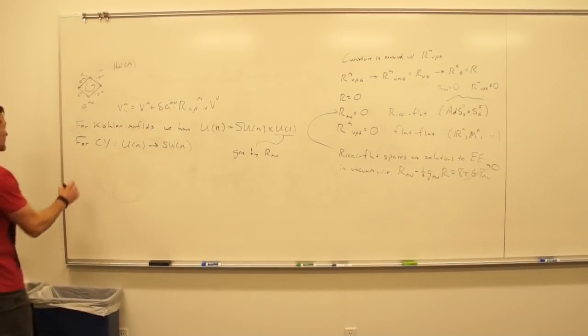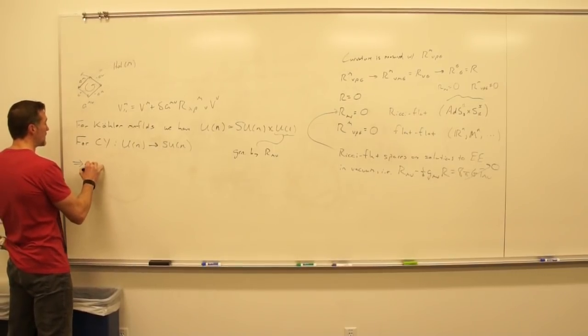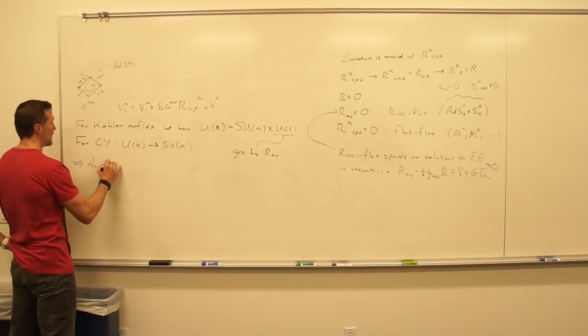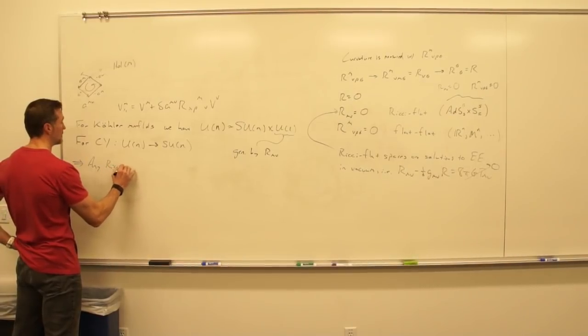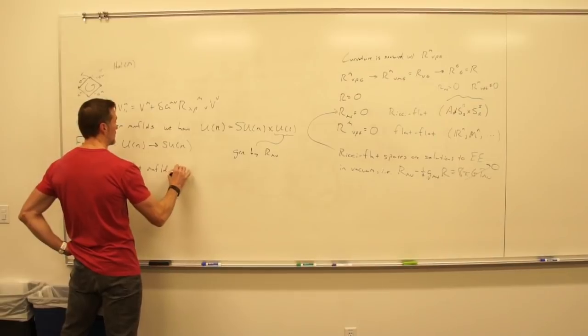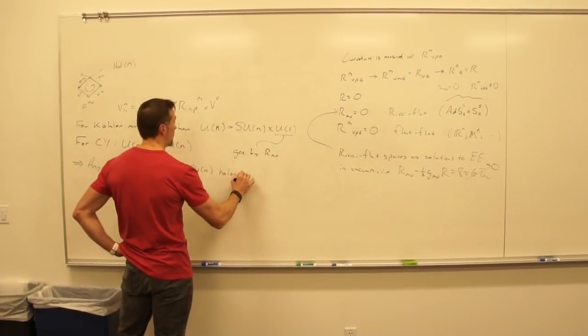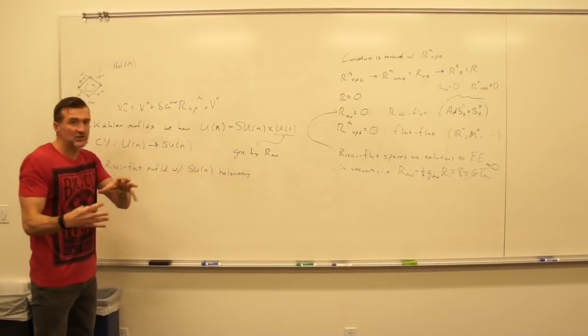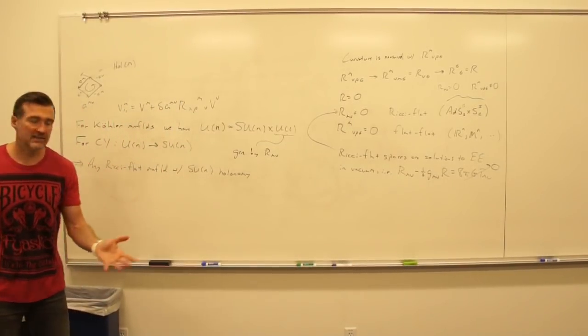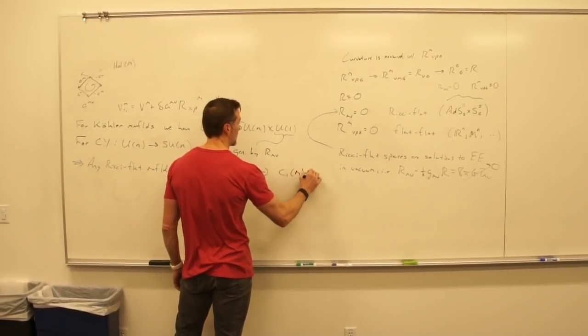Okay. And in fact, you can turn the statement around and you can say any Ricci flat manifold with SU(N) holonomy, and what I mean by that is this is a more restrictive holonomy than you generally expect, has vanishing first Chern class.